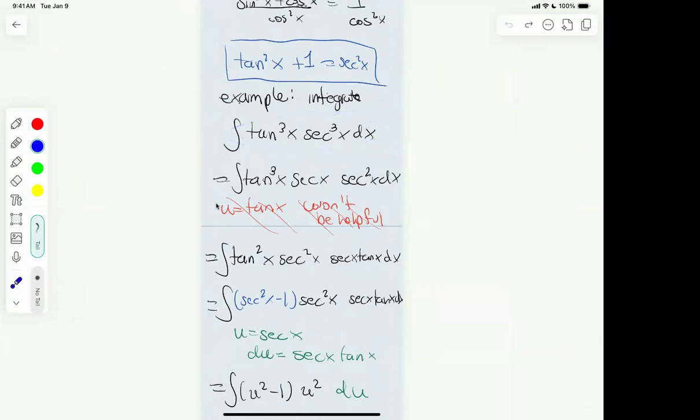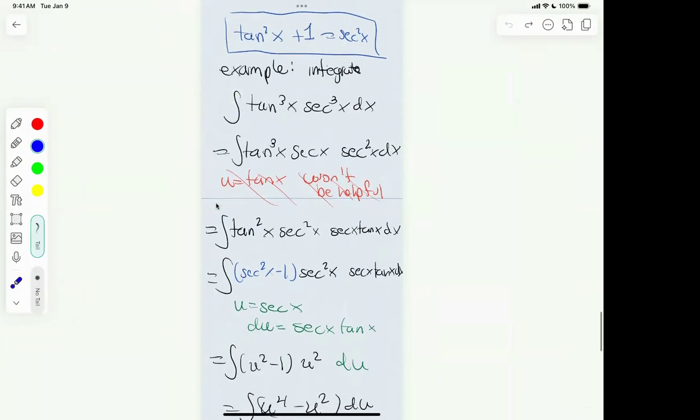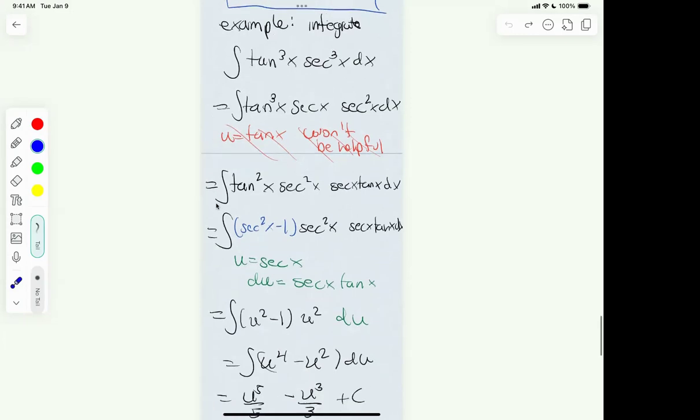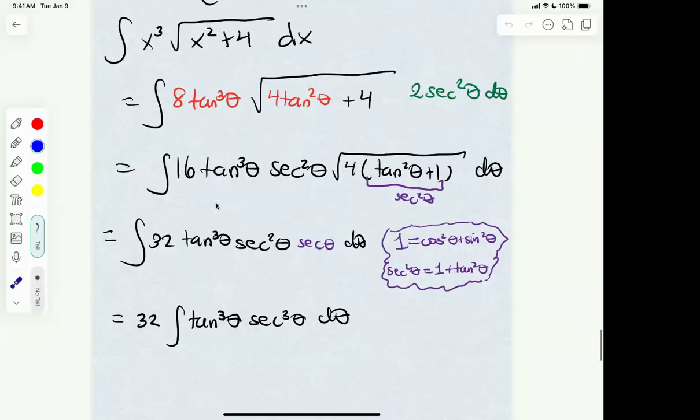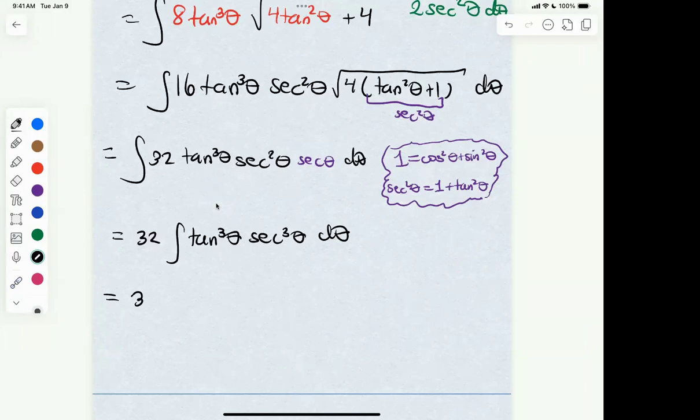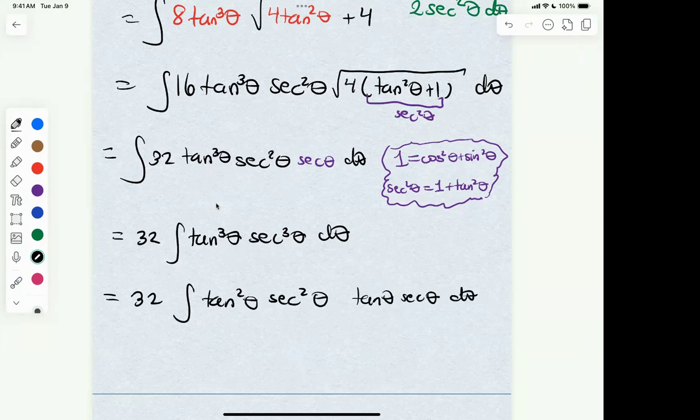The last example from last time was this trick where you take a secant tangent and do this substitution with u equals secant. Let me go back to, so this is from last time.